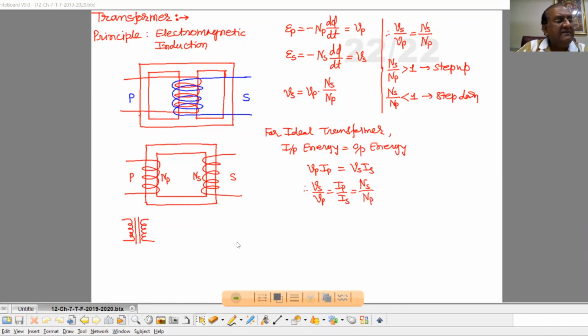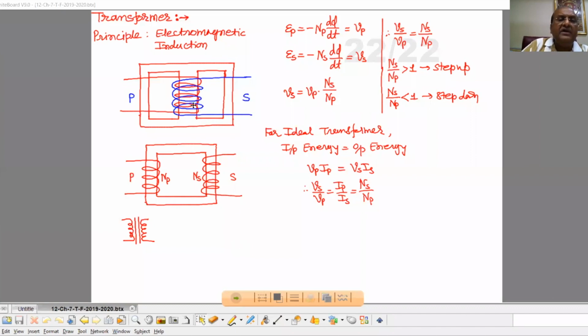Then the second thing, resistance of the windings. The wire used for the winding has some resistance, and so energy is lost due to heat produced in the wire, I square R. In high current, low voltage windings, these losses are minimized by using thick wire.